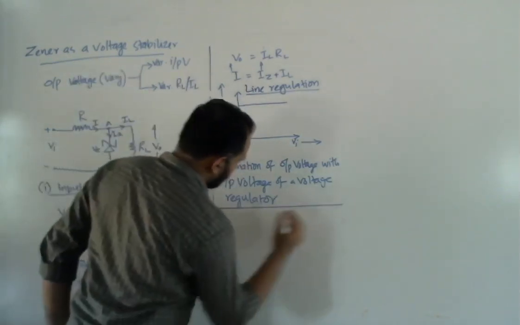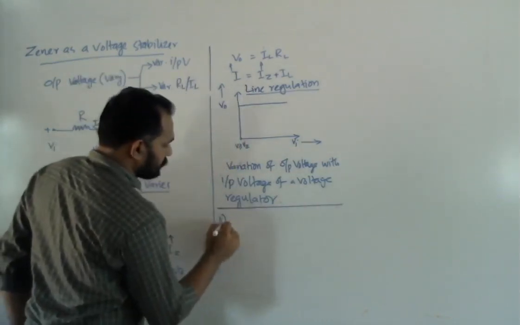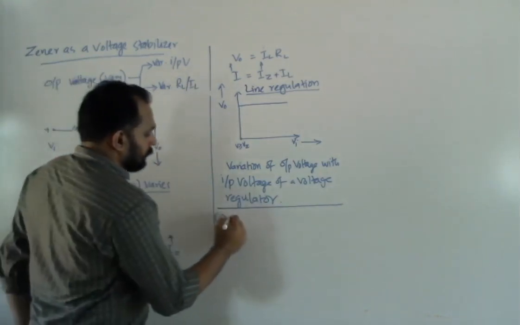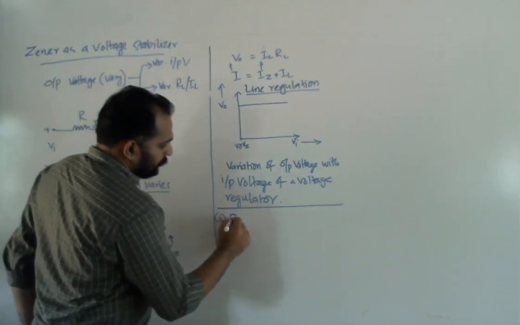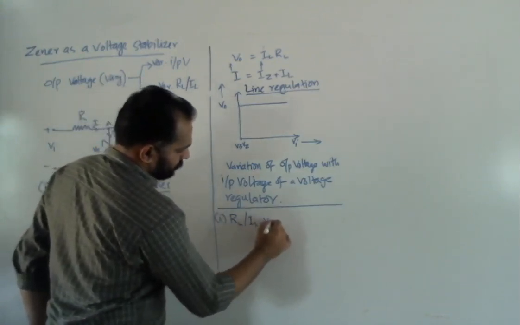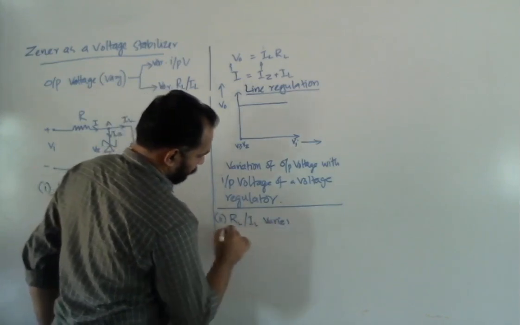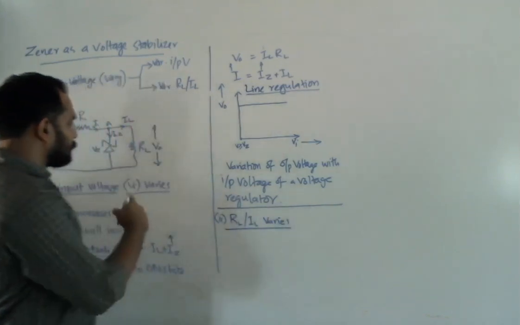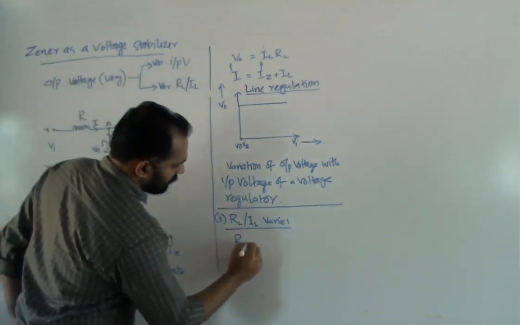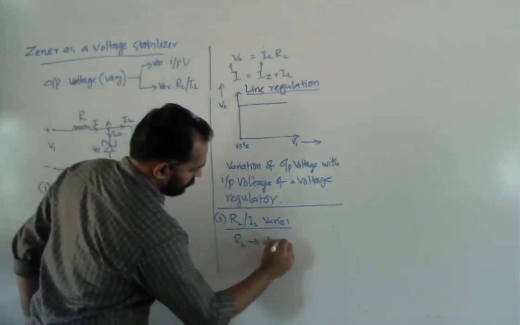So now consider the second case, that is, the load resistance or the load current varies. What happens to this circuit? Suppose the load resistance RL decreases.